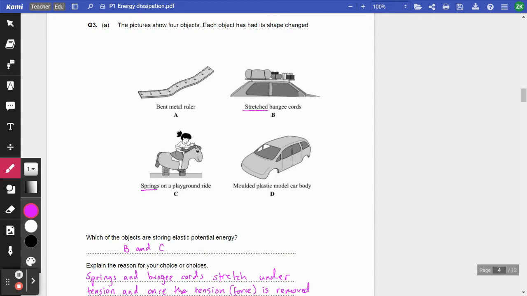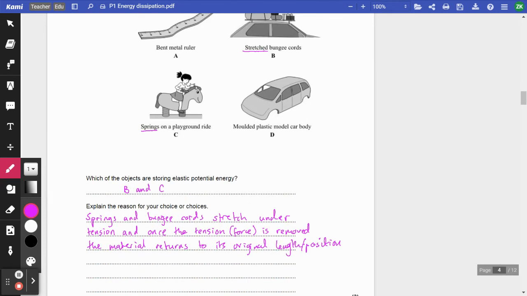If something is just bent, it's not really stretched. The molded plastic is not really going to bend or stretch either. So here we've got a spring which we know stretches, and bungee cords, just like rubber bands, stretch as well. So that's B and C, 1 mark for B, 1 mark for C.